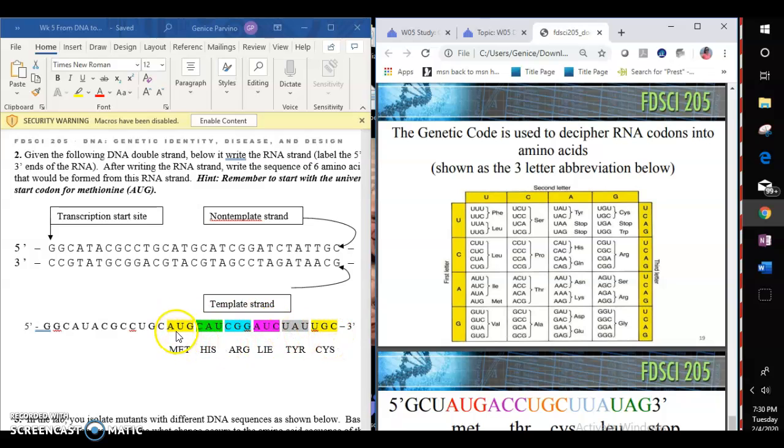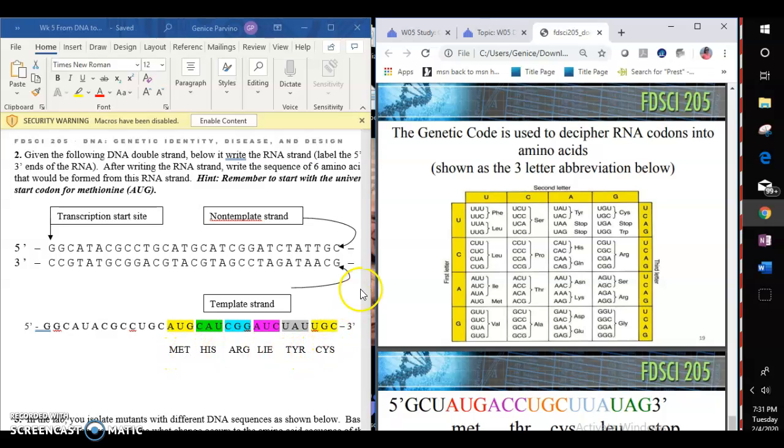If you find the chart, here's the A, here's the U. AUG stands for MET, that's the abbreviation of that amino acid, so I put that here. Then if you see the CAU, you come to the C, and here's the A. There's the CAU, stands for HIS. So I did that with all of these codons.